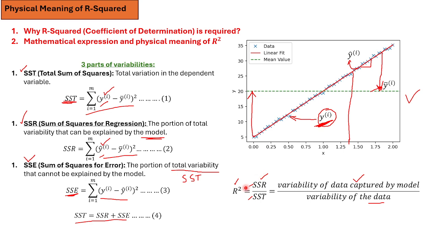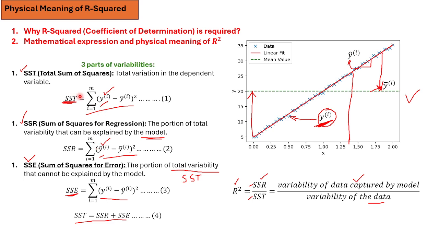And what does R squared equal to 0 mean? R squared equal to 0 means that our prediction line hasn't been able to capture the variability of the actual data at all. So that means our y hat is way off from the actual value y, and that's why these two terms are very different.